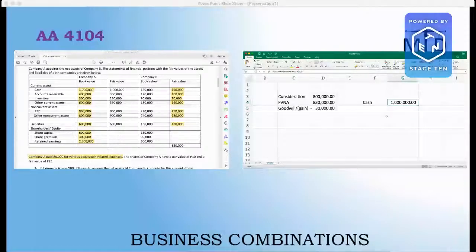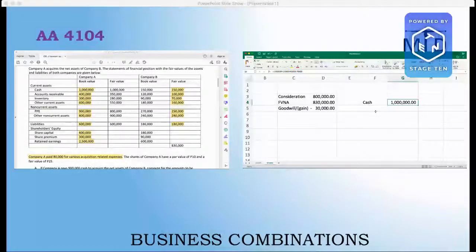Okay, so if we are to summarize, class, what are the things you have to remember when computing for the cash balance immediately after the combination? Cash balance of the acquirer plus cash balance of the acquiree minus cash consideration, if any, minus payments. Payments for what? Payments for acquisition related expenses and stock issuance cost. Okay.